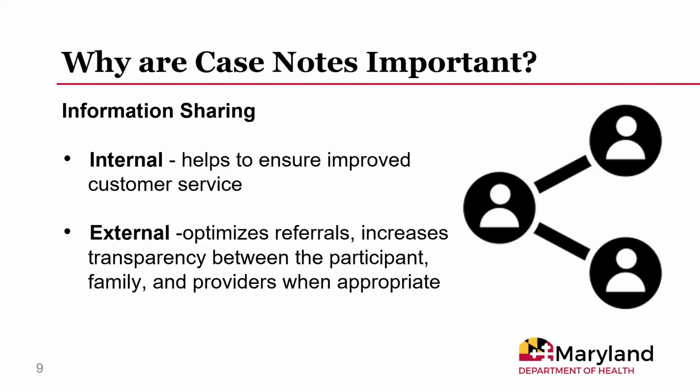Of course, your supervisor has access along with the DDA, but it's important to remember that others may require access as well. Activity and progress notes, which are specific kinds of case notes we will be discussing, help to optimize referrals and increase communication between the participant, family, and providers when appropriate.